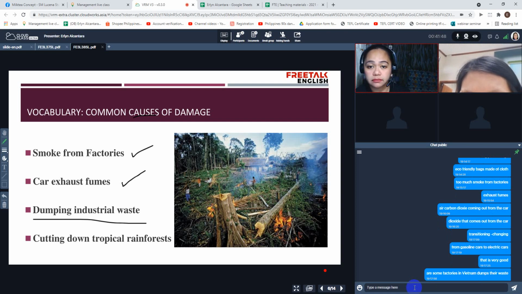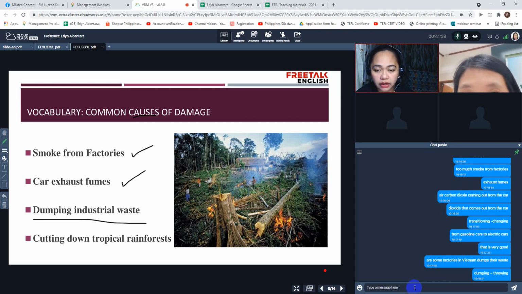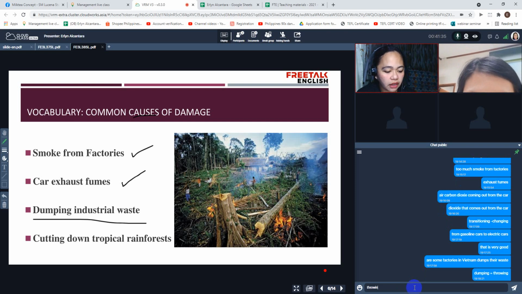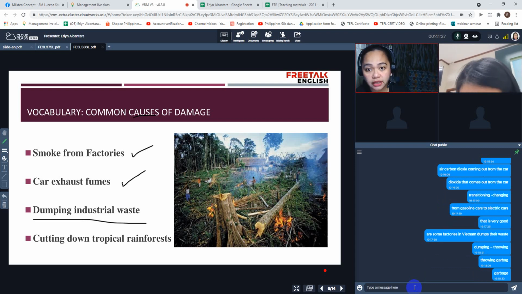In fact, I don't know the meaning of dumping industrial waste. So when you say dumping, it's like throwing garbage. Something like that.